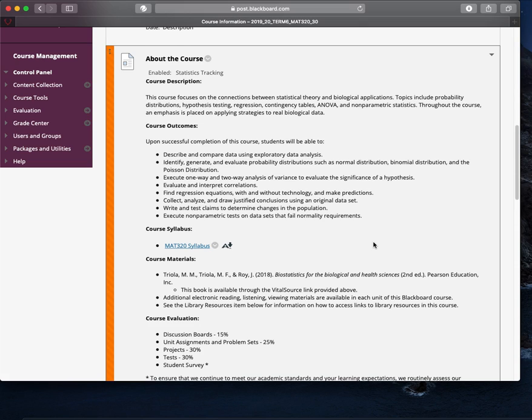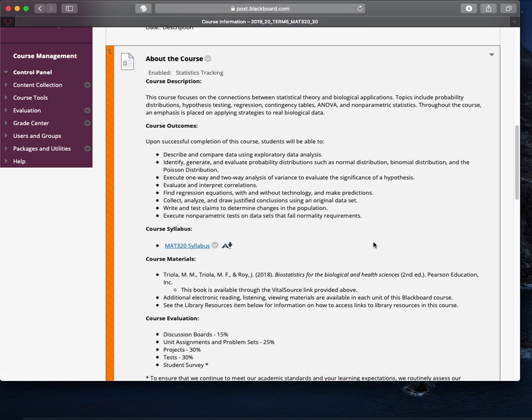Hypothesis testing, regression, again these topics more expanded than MAT320 statistics. Contingency tables, ANOVA, which will include both the one-way and the two-way ANOVAs, and non-parametric statistics. Throughout the course, an emphasis is placed on applying strategies to real biological data when possible, I should probably say.